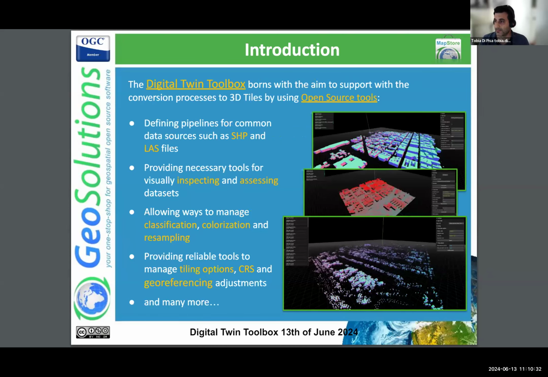So please, the next. For the second point, there is the Digital Twin Toolbox, whose aim is to support the conversion process to 3D tiles format by using a well-driven set of open source tools.